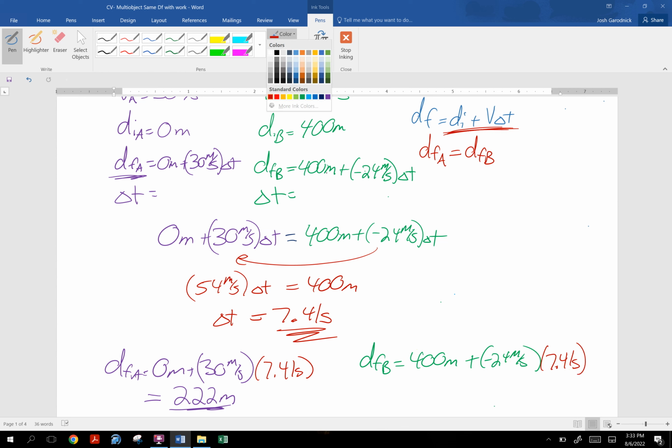And may have also just had a cup of coffee, so sorry. And we get the final position of B is also, what? 222 meters. Hey, this is a good way to check your work. If you get the same final position, then you probably did it completely correct. So that's the strategy. Let's sum this puppy up.